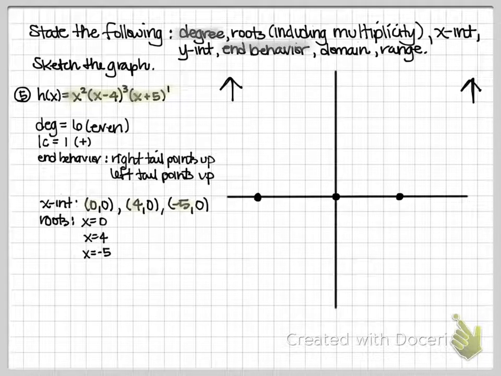All right, now I'm going to go back up to the problem and take a look at the exponents. On the plain old x, so x equals 0, I have an exponent of 2, so I'm going to state with multiplicity of 2.